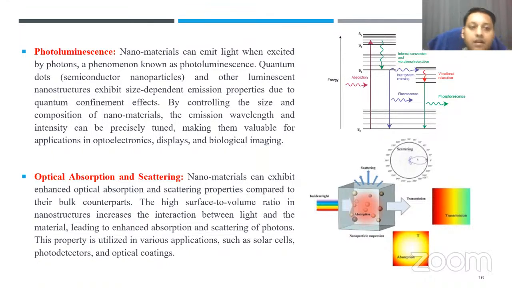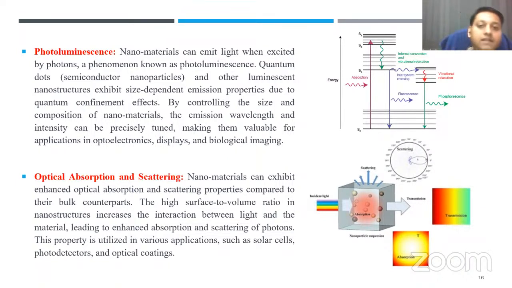That phenomenon is called photoluminescence, where luminescence arises from the nanomaterial because of the transition from a higher energy state to a lower energy state, and it loses energy in the form of a photon.